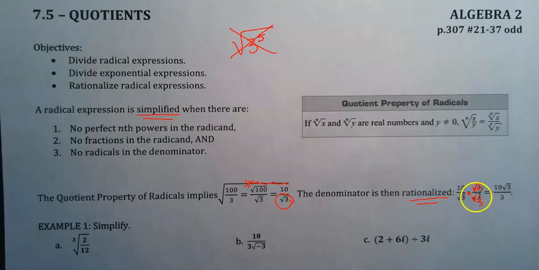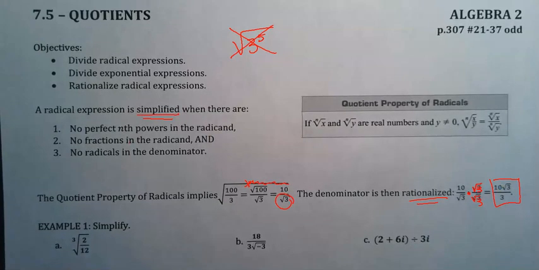Square root of 3 times the square root of 3 is 3. This is simplified. There are no perfect nth powers in the radicand. There are no fractions in the radicand, and there are no radicals in the denominator. So notice we can have a fraction, we just can't have fractions under the radical sign.